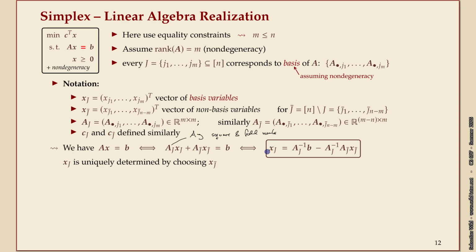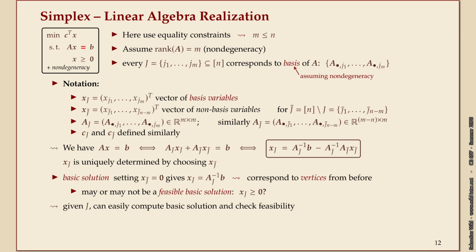So you get an expression for xj, the basis variables, as a function of the other variables. That's kind of clear if you have a certain number of constraints but more variables. You can fix some of the variables, namely exactly n minus m many. And the other variables are then fully determined from the values you picked for the n minus m variables.